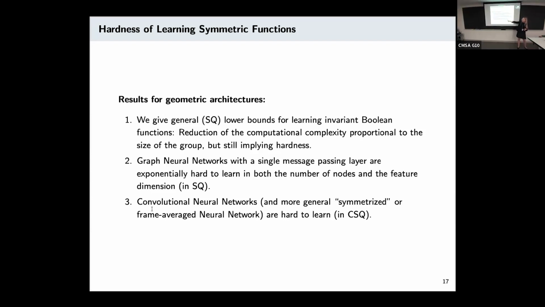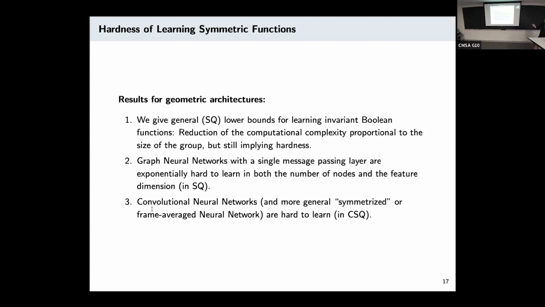And then a third setting that we are analyzing, the most commonly used instance of that setting, would be convolutional neural networks. But we write this in the more general setting of symmetrized or frame averaged neural networks. That is a setting that encompasses a lot of the equivariant neural networks that are used in practice; they could be written as an instance of this frame averaged or symmetrized neural network framework.